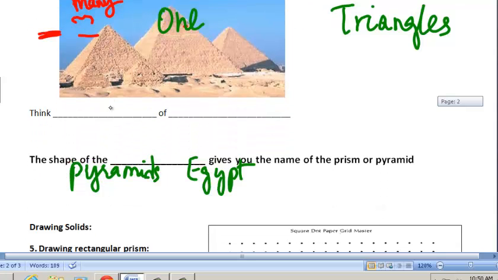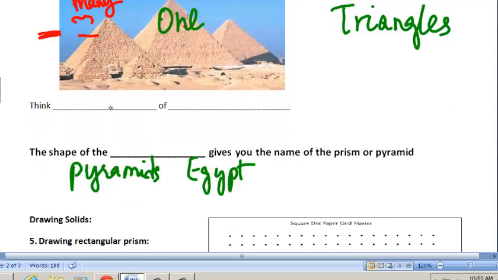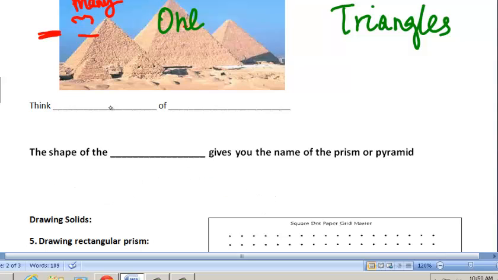Now the key is that the shape of the base gives you the name of the prism or pyramid. So if it's a pentagonal shape, pentagon, so 5 sides, then it's a pentagonal pyramid or a pentagonal prism.